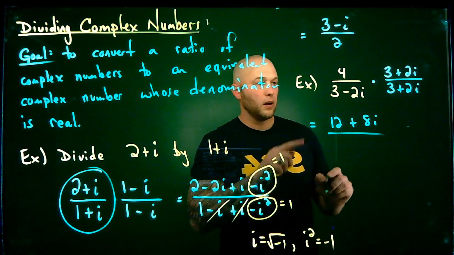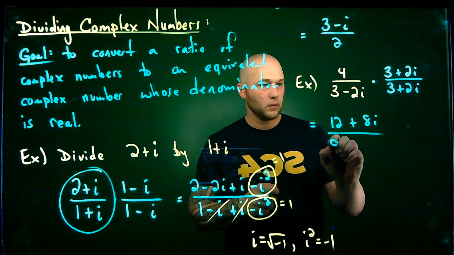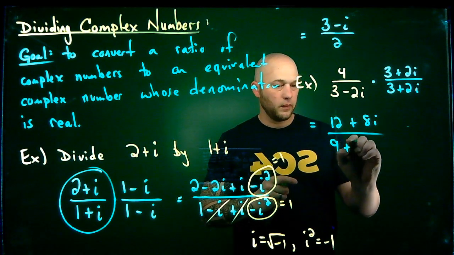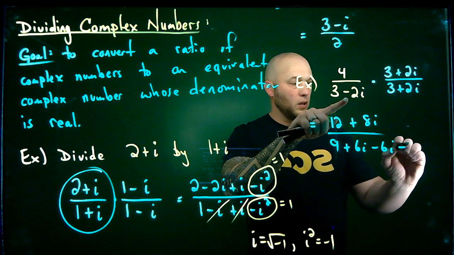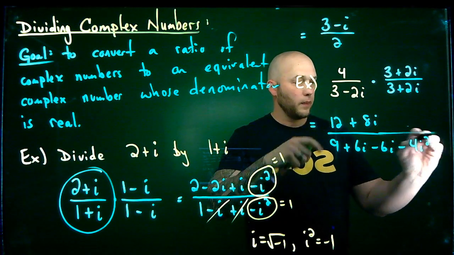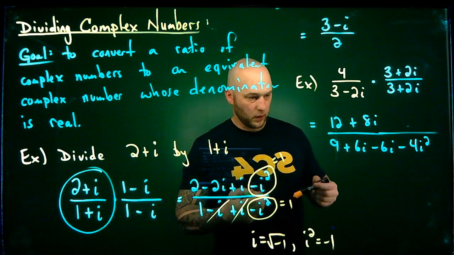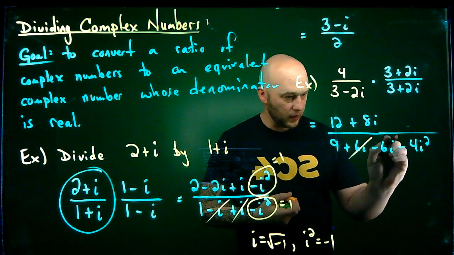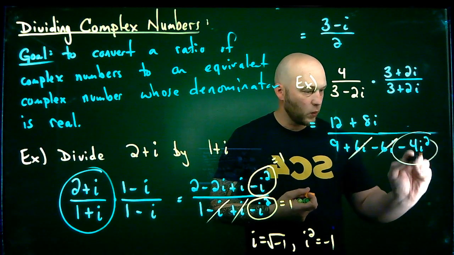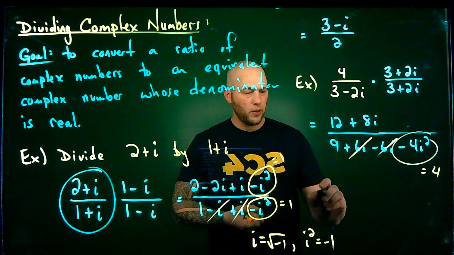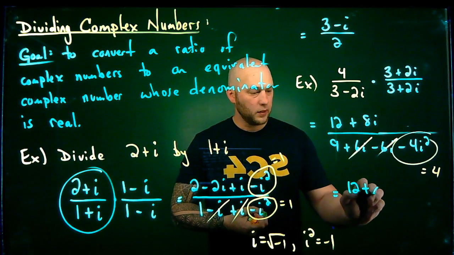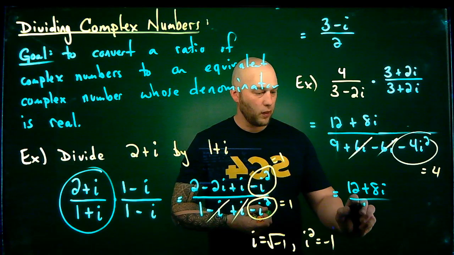In the denominator, 3 and 3 is 9, plus 6i, minus 6i, minus 4i squared. Well, notice that the middle terms cancel, 6i and minus 6i, and negative 4i squared is actually equal to positive 4. Therefore, I come up with 12 plus 8i divided by 13.